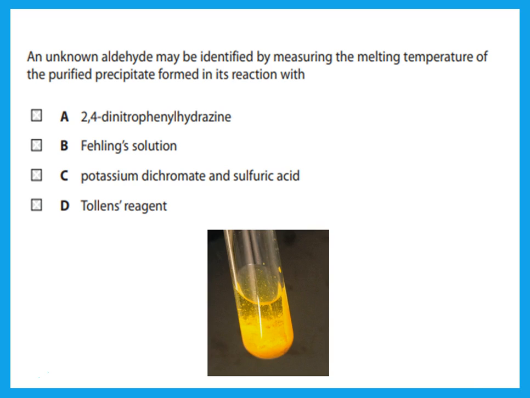Remember, we said it gives a precipitate with 2,4-dinitrophenylhydrazine. It doesn't give a precipitate with Fehling. With Tollens, it gives a silver mirror. And remember, potassium dichromate and sulfuric acid, this is an oxidizing agent, and it will oxidize the aldehyde to an acid, so it doesn't give a precipitate.